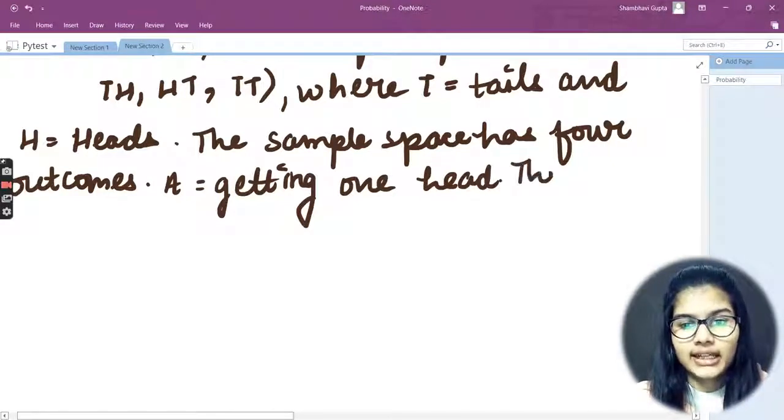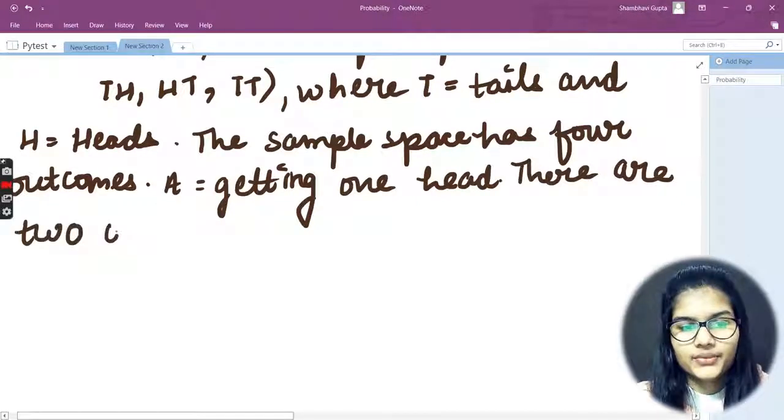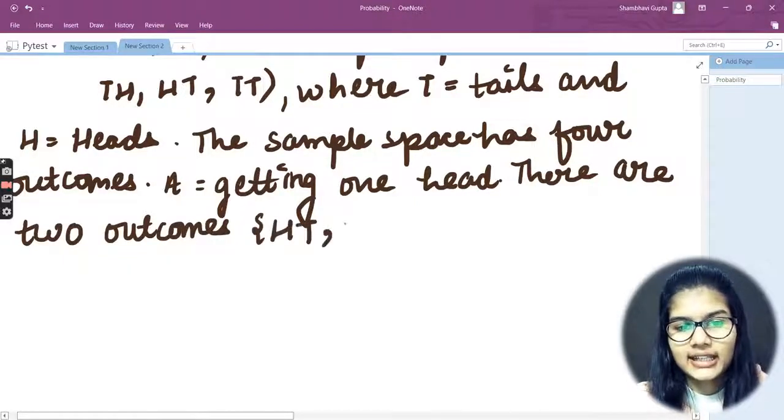There are two outcomes. First is head tail and second is tail head. These are my two outcomes.